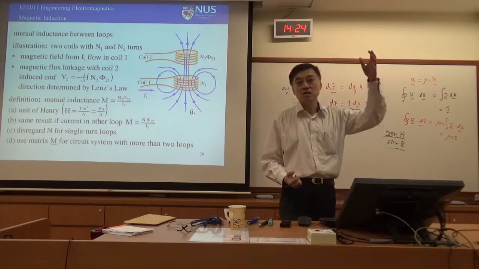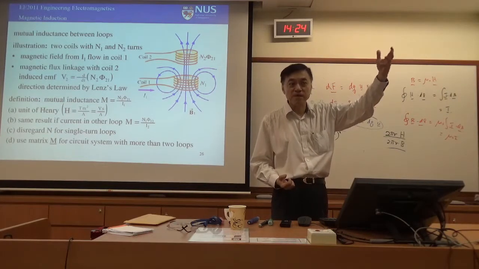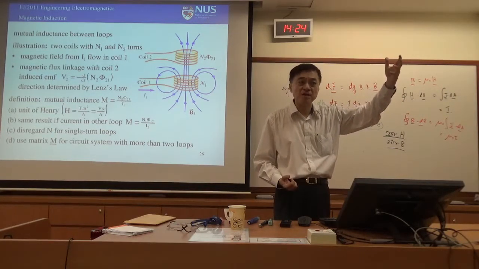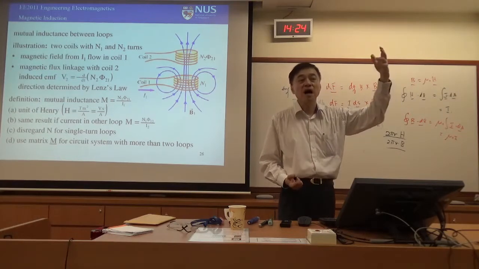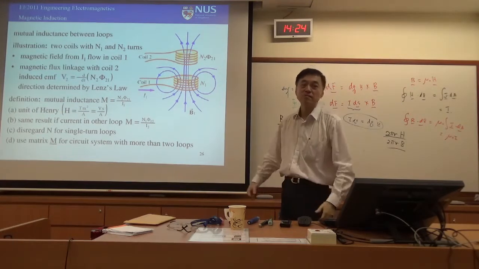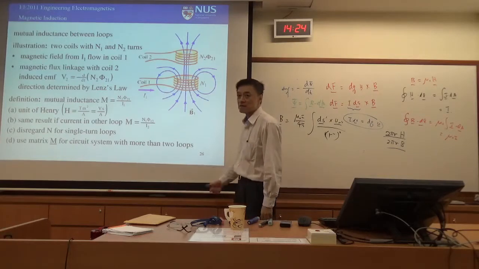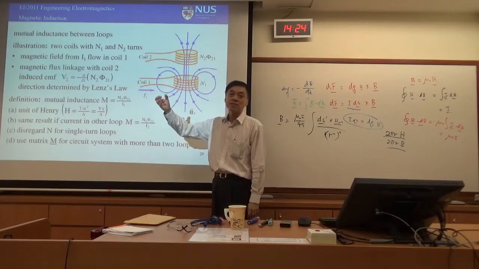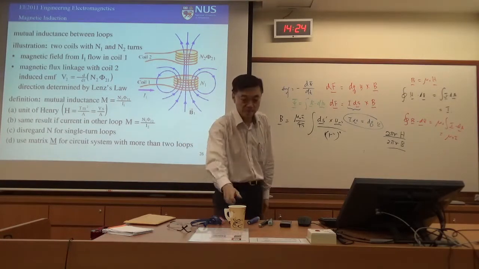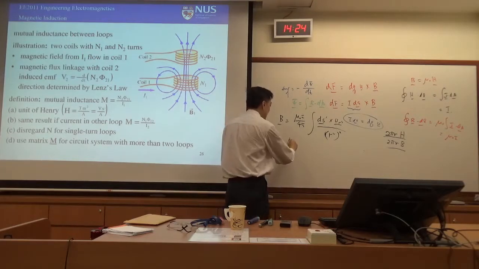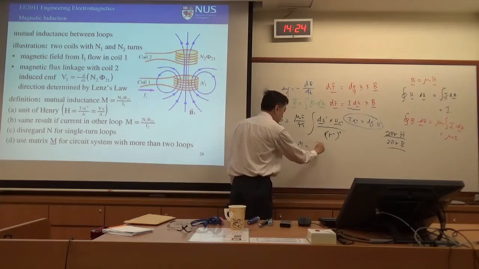In the electric field, we have capacitance C equal to Q over V, and then resistance R equal to V over I, but now we have inductance. Inductance equals flux linkage divided by I. So either L or M is equal to flux over I.